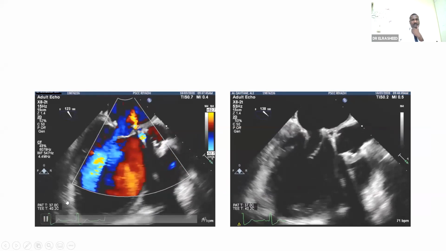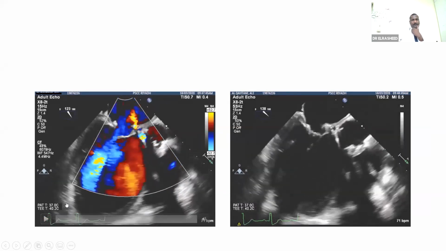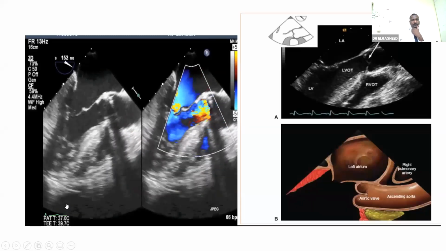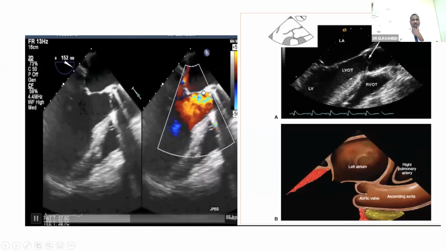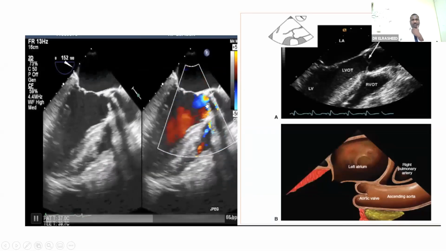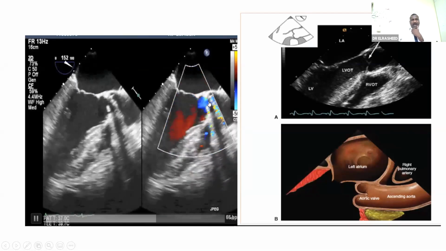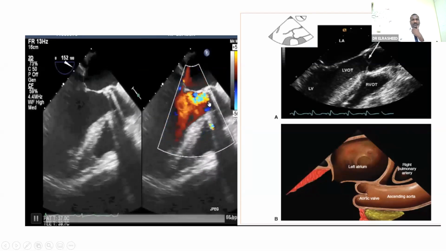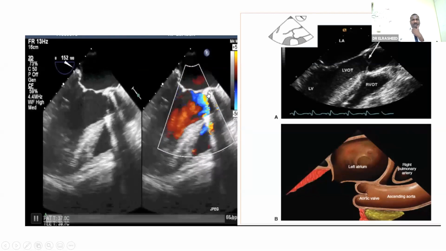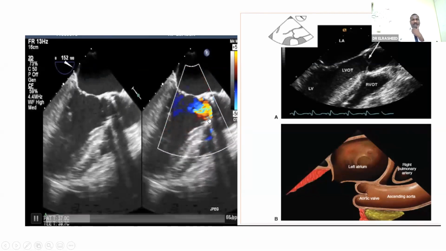The other one, this one is a very eccentric jet. Because of the shadowing, I agree with you, it is very difficult, even for the senior, to know where the jet is coming from. Is it from inside the struts or outside the struts?